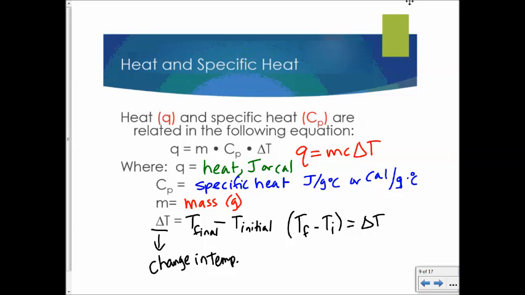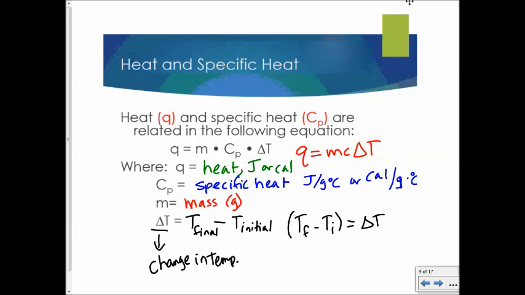So that means we can get what here? A negative number sometimes. If we are getting a negative number, all that means is the heat is being released rather than being absorbed. A negative value just tells me heat's being released, whereas a positive will tell you that heat's being absorbed.